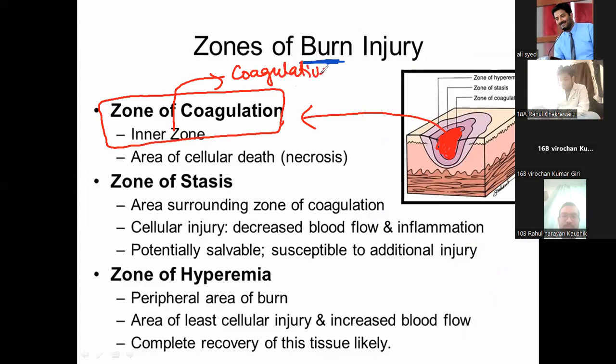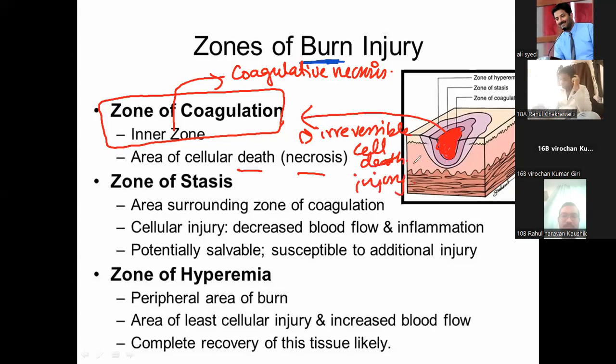The blood vessels are ruptured, damaged. There is no blood supply to this area. Cells are dead. Necrosis means irreversible cell death injury. So this most inner area is known as the zone of coagulation.